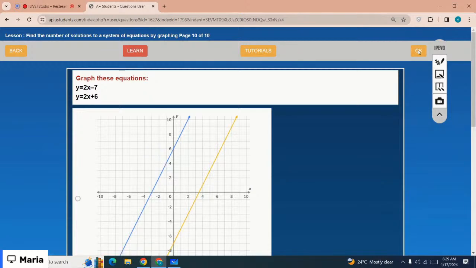Okay, graph these equations. y equals x minus 7 and y equals x minus 6. So which is the correct option?